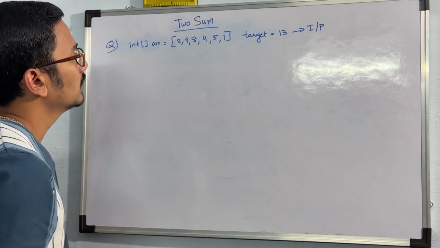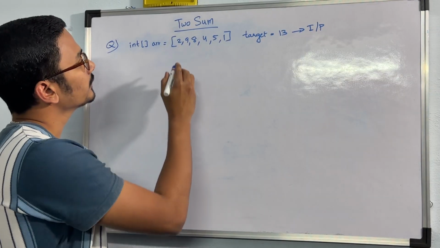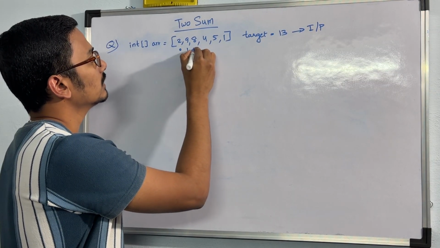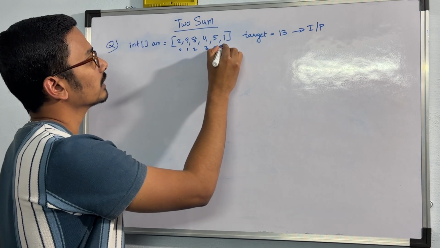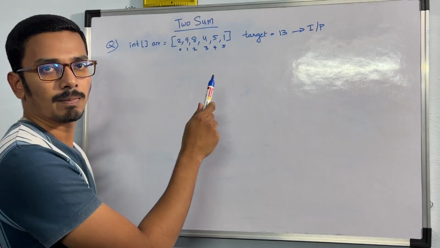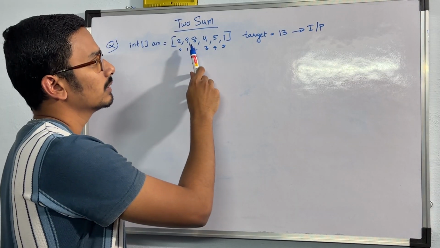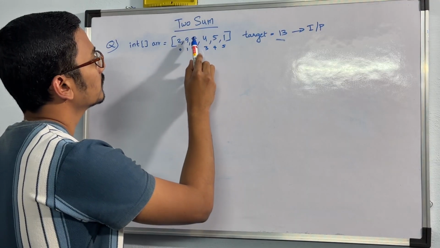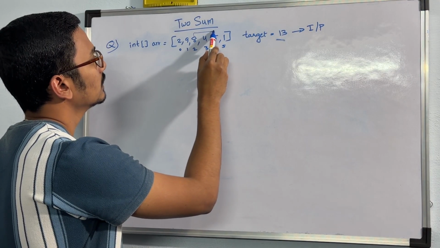For example, by looking at this array, I'll write out the indices for you: 0, 1, 2, 3, 4, 5. These are the indices. So we just have to look for a two number combination which adds up to this particular target.